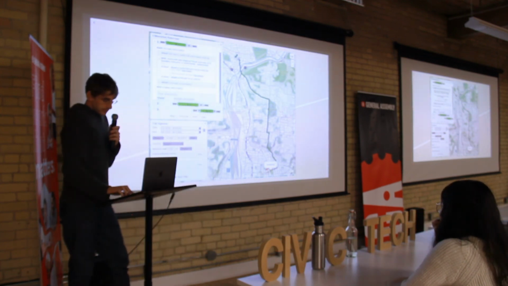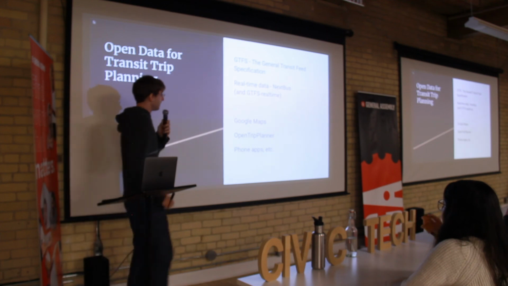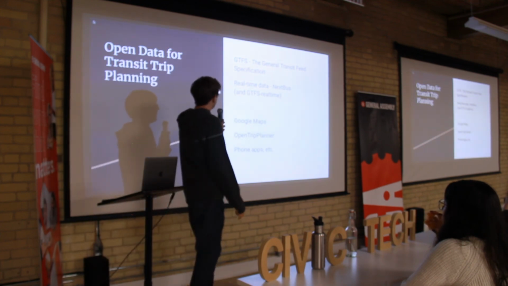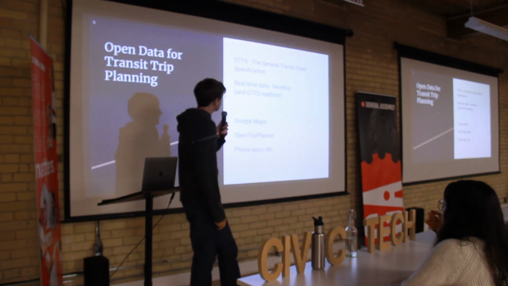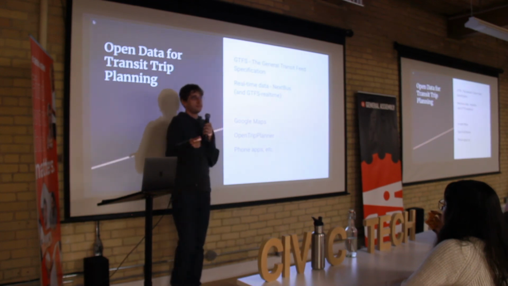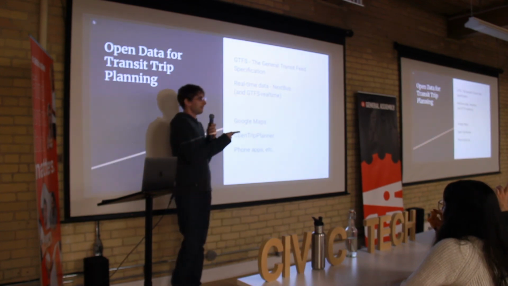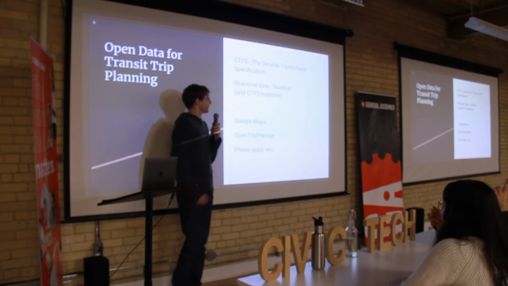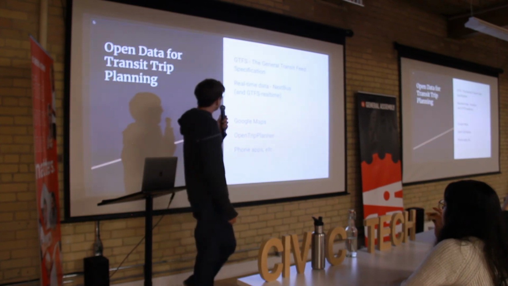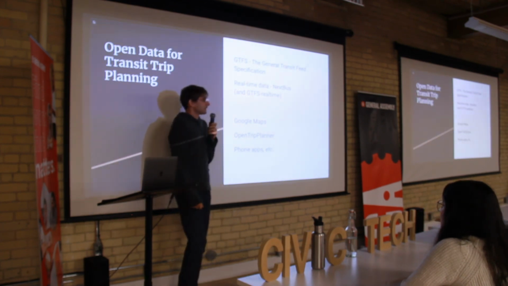And there are two basic data sets that are available for this. GTFS, or General Transit Feed Specification. Who here has heard of GTFS before? Anyone? Okay, maybe. All right, good. So GTFS is essentially the transit schedule data.